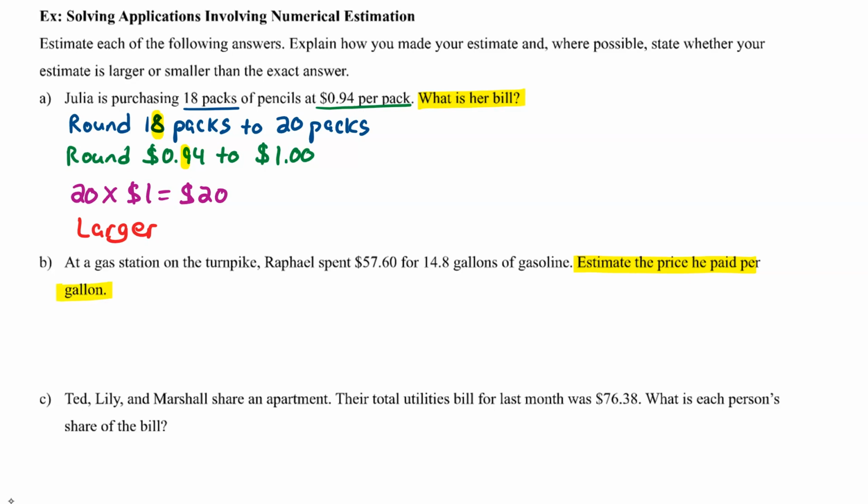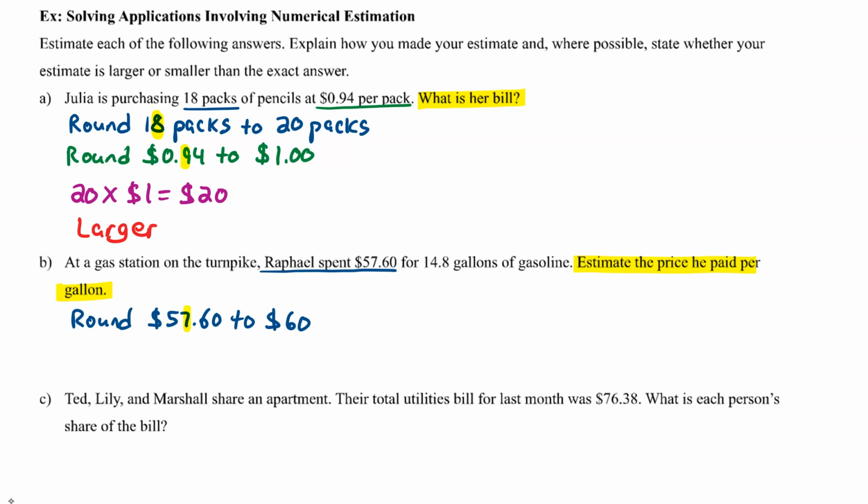So if we're looking at how much he spent, $57.60, we could round that to $60. If we round to the nearest tens again, that 7 will force us to round up.